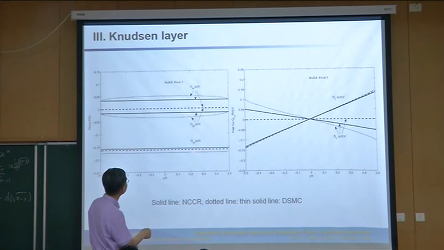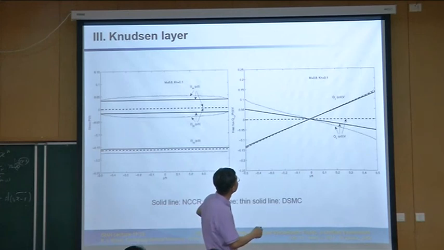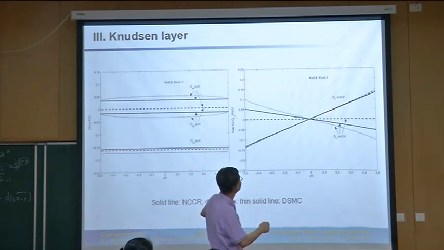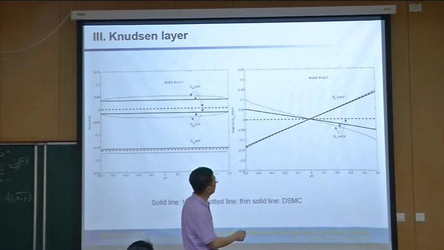This is pi_xy, Navier-Stokes, the second order, and DSMC. In any case, that kind of agreement is not bad. And then this is heat flux. As you can see, for normal heat flux, everything is the same. Even Navier-Stokes is pretty good. Only for tangential heat flux, Navier-Stokes always tells you it's 0. And then this is the DSMC solution.